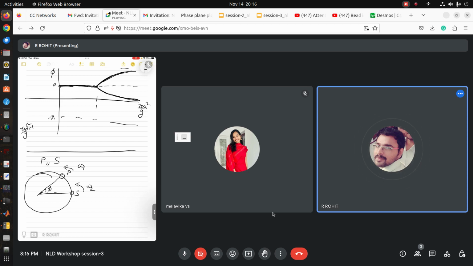Now we want to know after how much time P will cover S and move by a distance of 2 pi. So that's what we want to know.